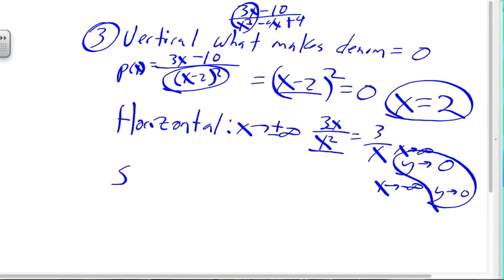So the third one we've got to look for is our slant. It only occurs if the degree of the numerator is 1 bigger than the degree of the denominator.